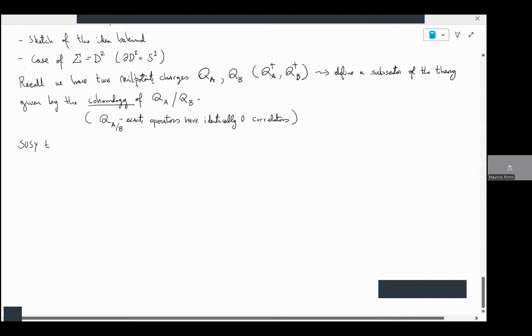Supersymmetric transformations acting on fields take the following form. Here, these Q are the supercharges defined in the previous lecture. So you can put here some epsilon plus and minus. These epsilon plus and minus are the parameters of the supersymmetry.